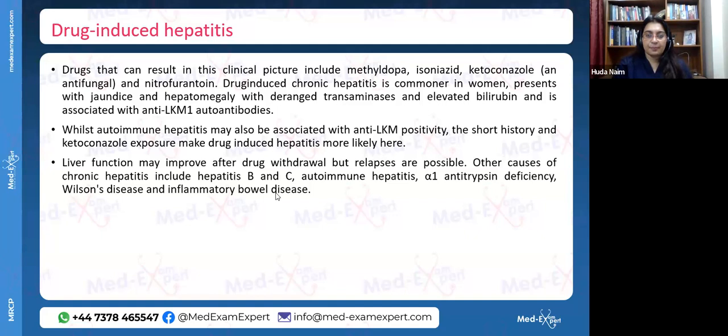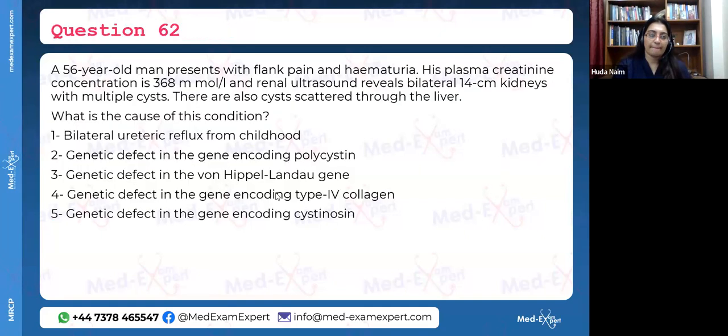Okay, anti-LKM1 antibodies are seen in children. Okay, the next question.